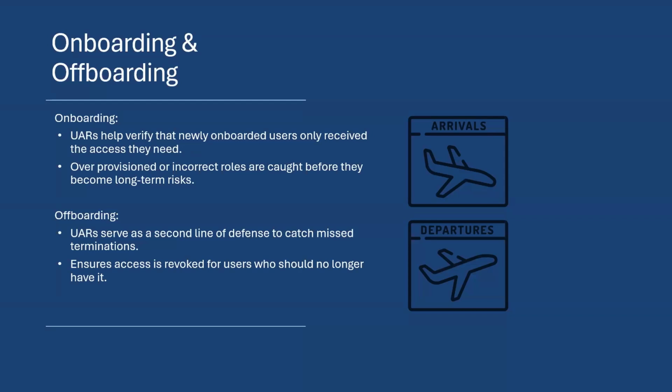Now, there are some that are different. Some use other tools like PingOne or MFA to ensure only the right people are accessing it. But at the end of the day, if they're terminated and they still have access and MFA is enabled, that's technically still not stopping them from accessing, right? So that's something a UAR will capture. And that's sort of the big one for offboarding.